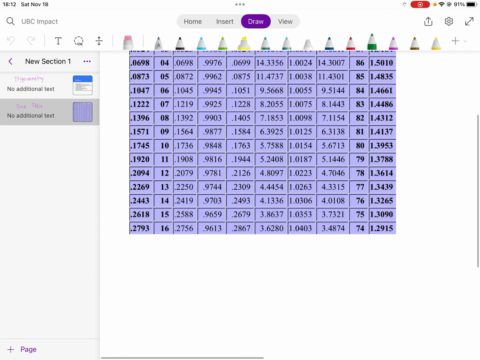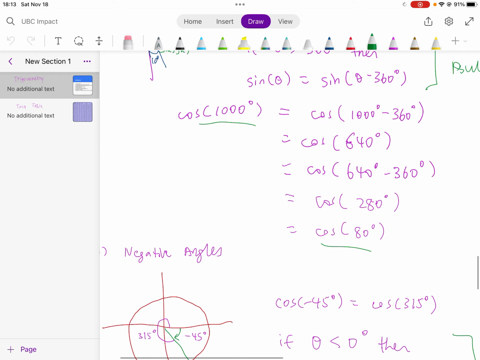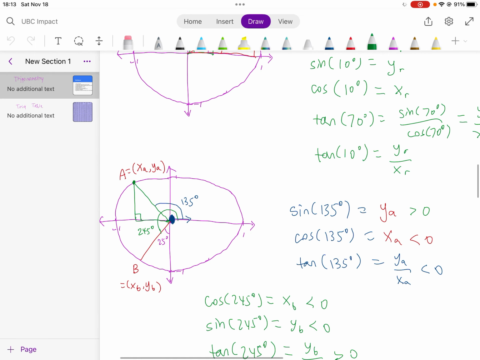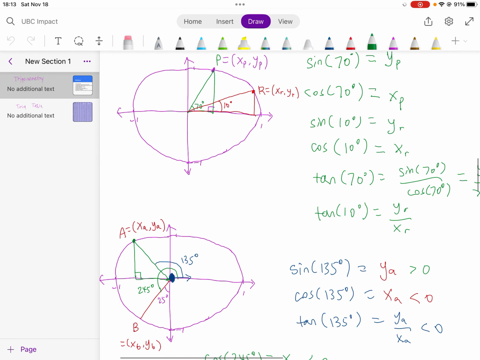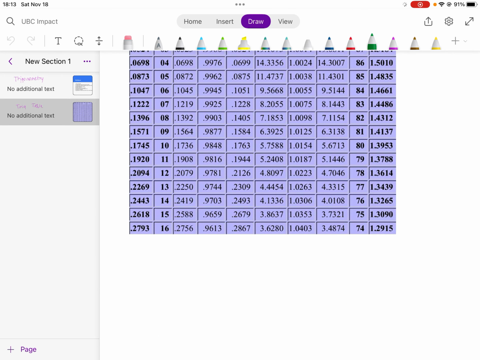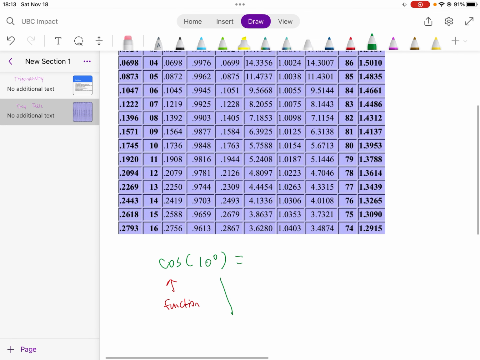So for example, like before, we had all this stuff here, like here is cosine of 10 degrees, and it's equal to xr, but we don't know what xr is. So what if we actually want to find out what cosine of 10 degrees is? What is the actual value of this function? Because remember, cosine is a function. And then 10 degrees here, this is the argument.